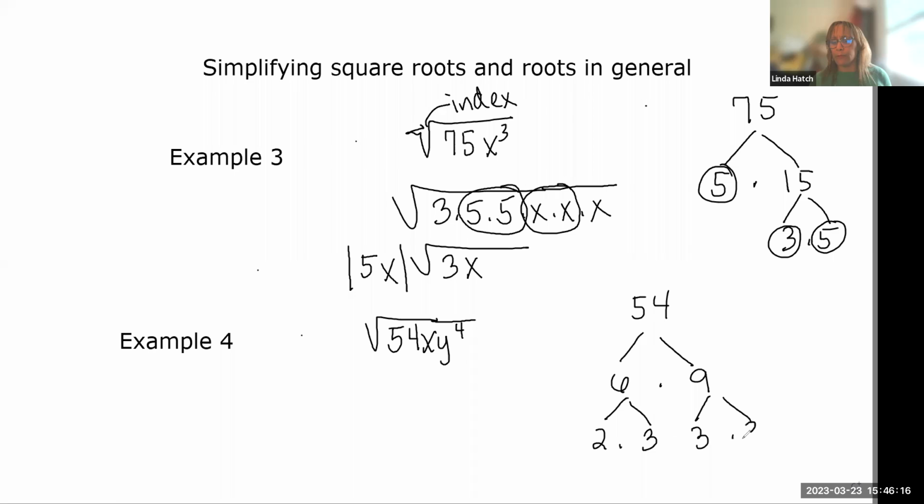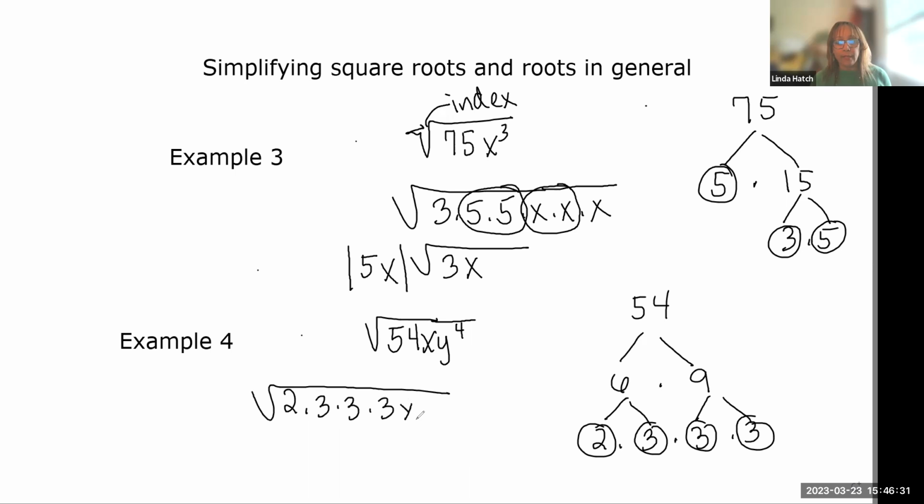Isn't that wonderful? No matter where we start, we wind up at the same place. So these are my prime numbers that I'm going to put underneath my radical. And I'm going to expand it out. So 2, 3, 3, and x, and I've got y to the 4. So that's y.